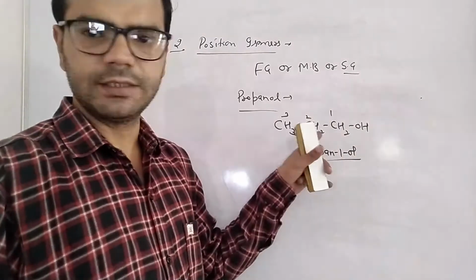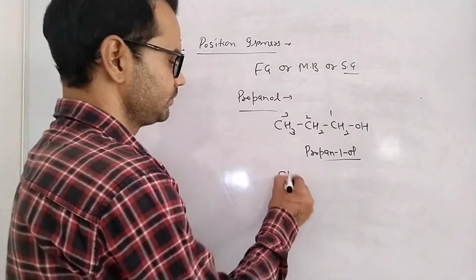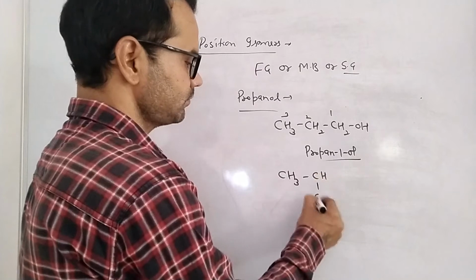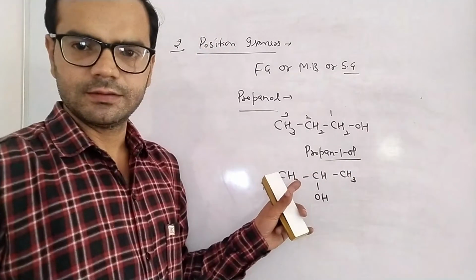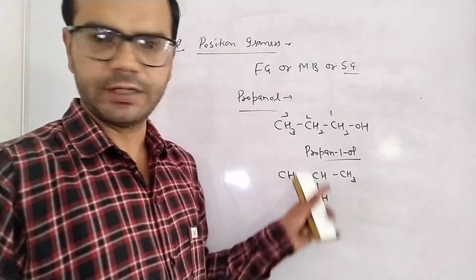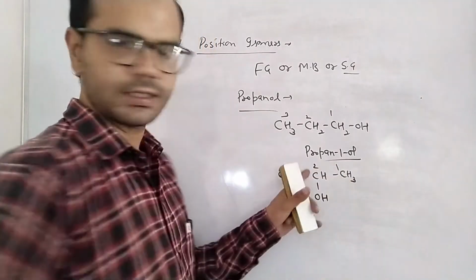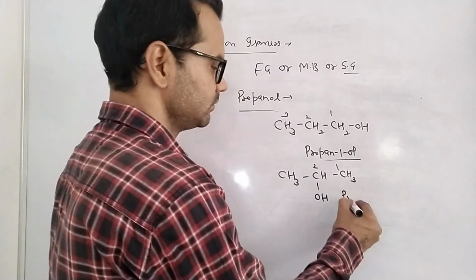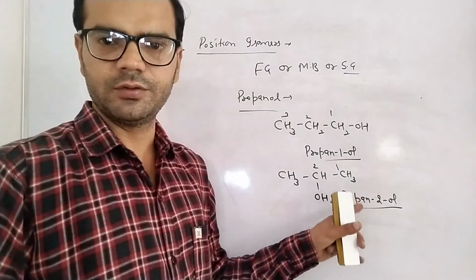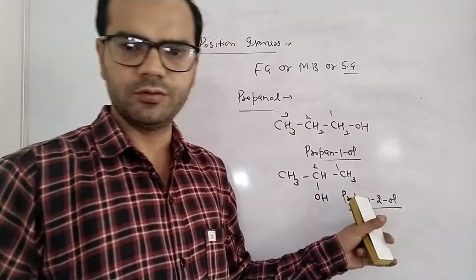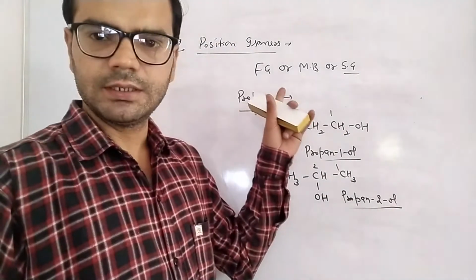But this OH can be present on the second carbon. Now the functional group position is different. It is attached to the second carbon, so now it is called propan-2-ol.